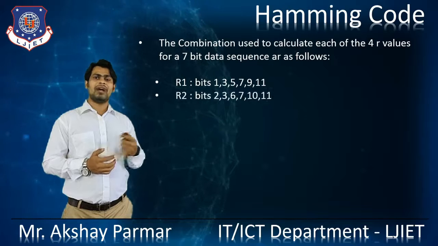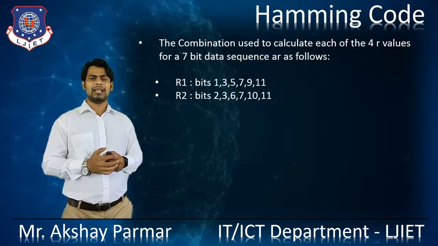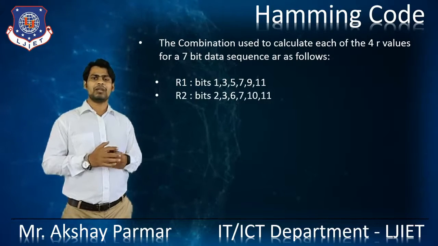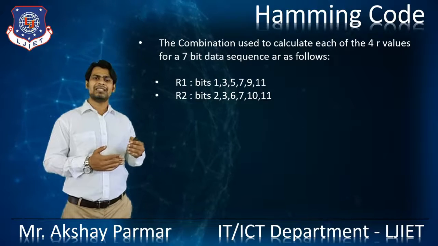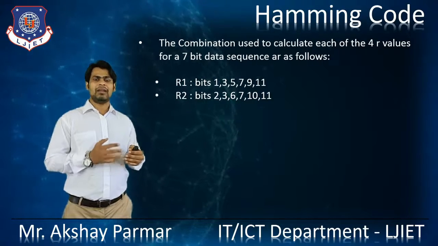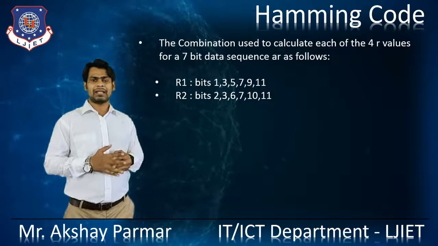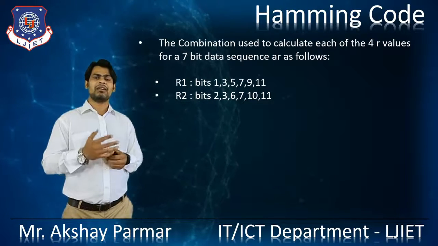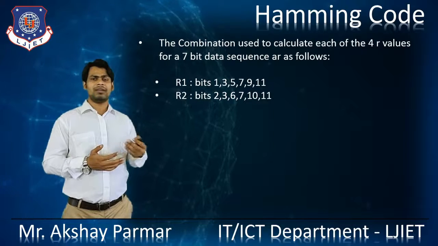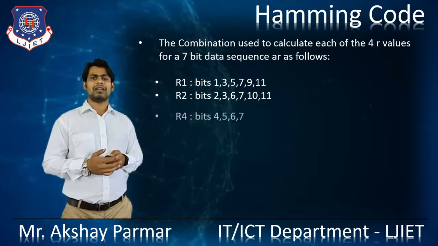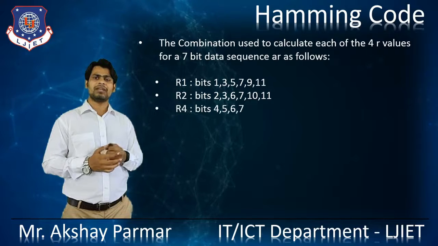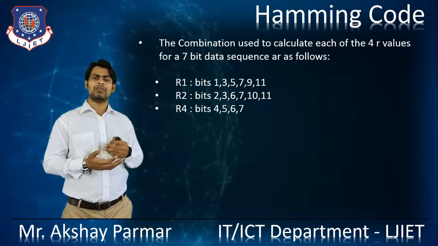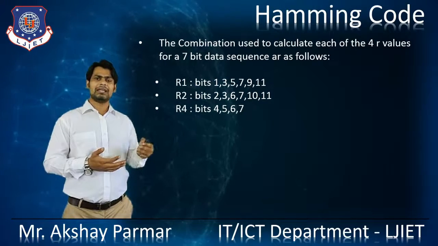After that, for the R2 bit, we select the data bit positions 2, 3, 6, 7, 10 and 11 and apply the parity checking there. If it satisfies the parity system, we put 0 and 1 respectively. After that, for the R4 position, we select the bit positions 4, 5, 6 and 7.